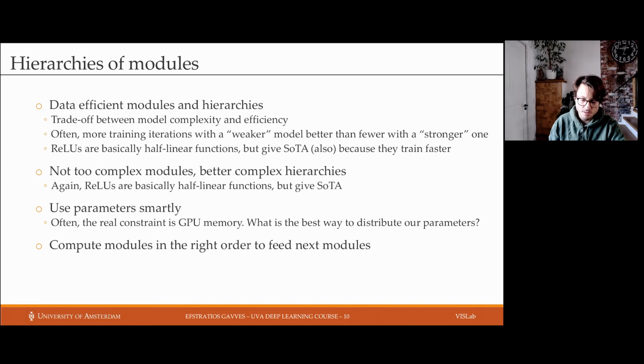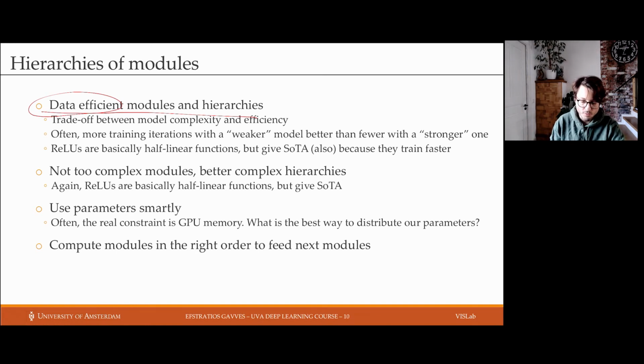Generally, we can view neural networks as hierarchies of modules, and what is very important at this point to understand and to keep as future knowledge is that we need data efficient modules and hierarchies. That's really crucial. What does this mean? The fact that neural networks are very flexible in terms of design means that with great power comes great responsibility.